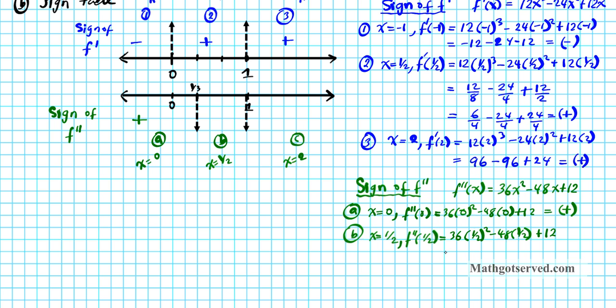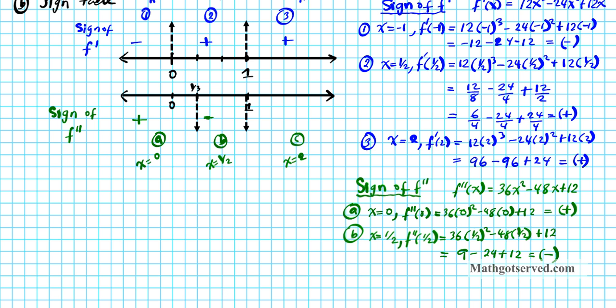So this is 1/2 squared, which is 1/4. And then we are going to have 36 over 4, which is 9, minus 48 over 2, which is 24, plus 12. All right? 9 plus 12 is 21. If you subtract 24 from 21, you end up with negative 3. So this is a negative number. All right, so that tells us that on interval B, f double prime is negative.